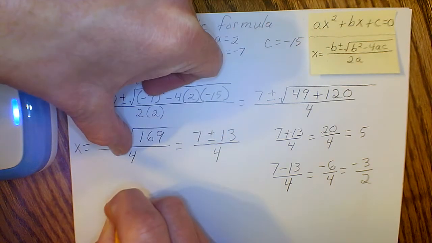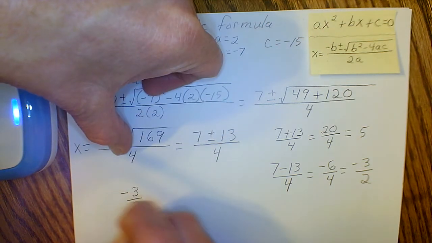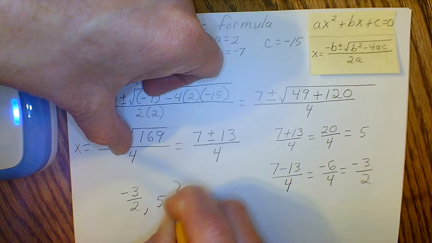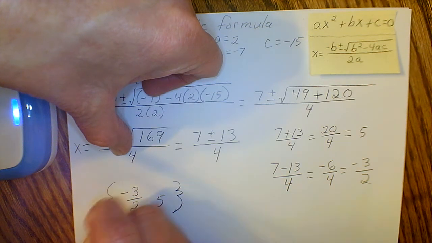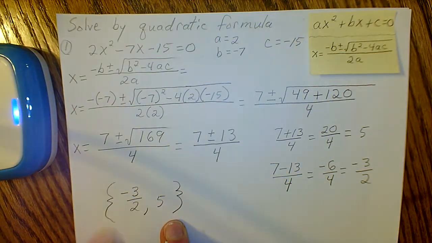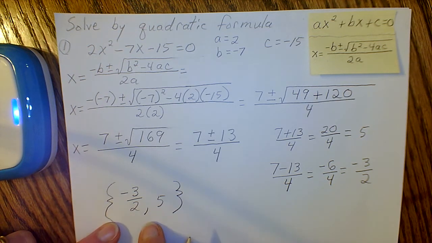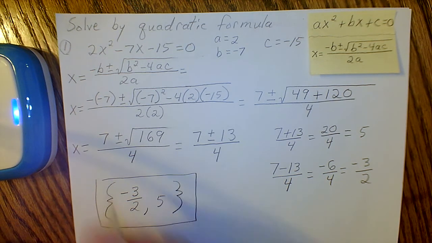So my two answers are negative 3 over 2 and 5. And I will put those in braces, because this is how we hold on to our set of answers. In math, we use braces to contain the set of answers that are going to make this true. I'll do a couple more examples in other videos.